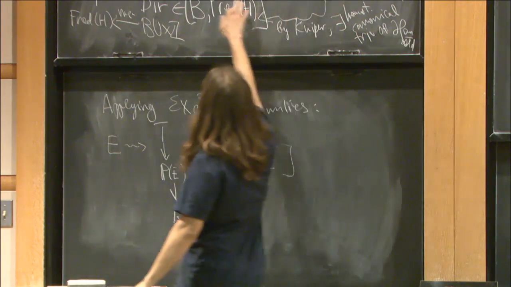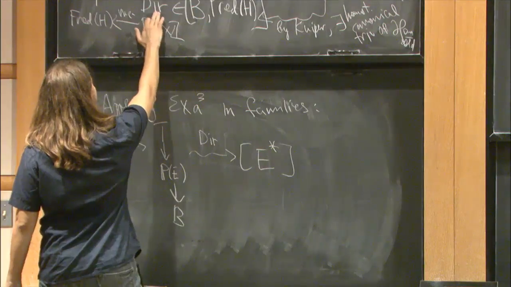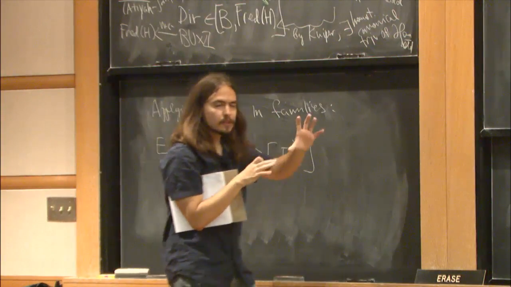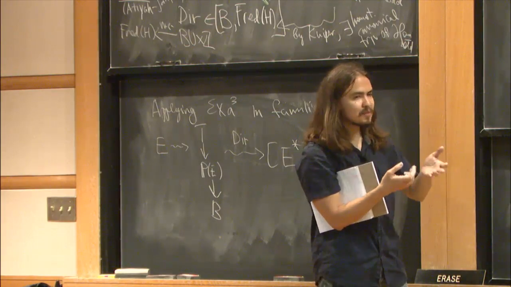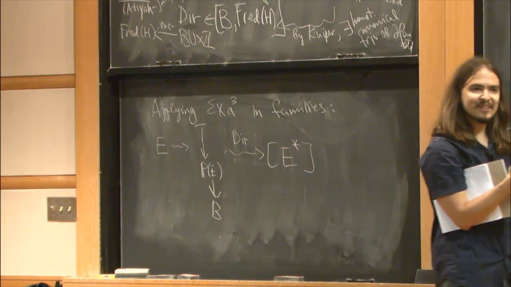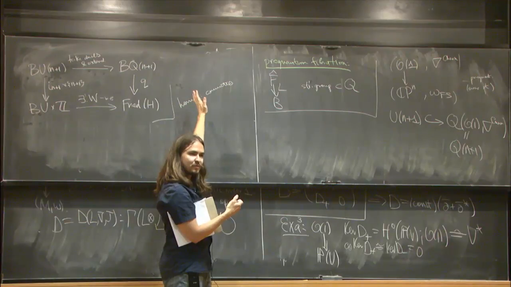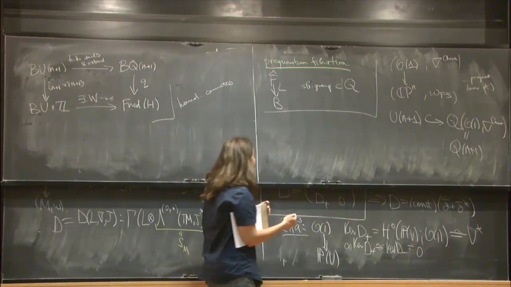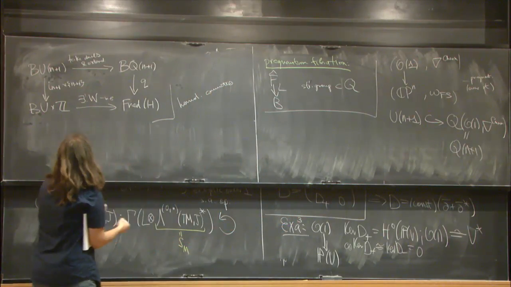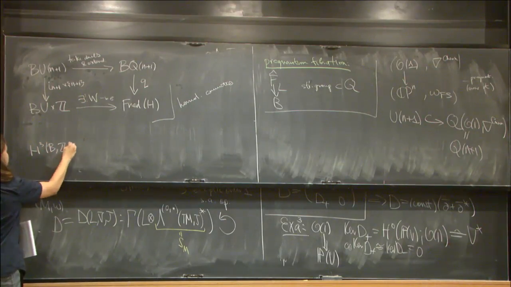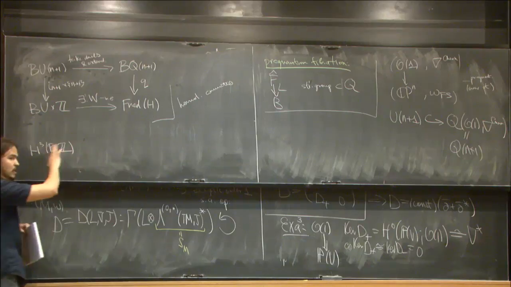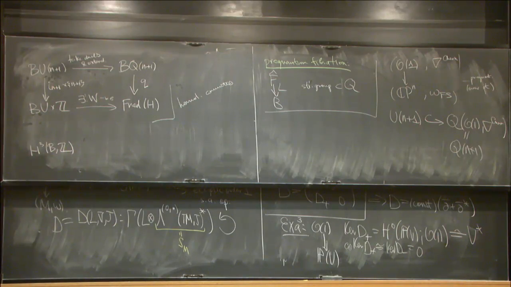Another way to show this would be to construct this Dirac invariant, but in a slightly twisted way, corresponding to the fact that not every Hamiltonian fibration is covered by a prequantum fibration. In fact, there's a class in H3 of the base with integral coefficients that measures whether our Hamiltonian fibration can be lifted to a prequantum fibration.